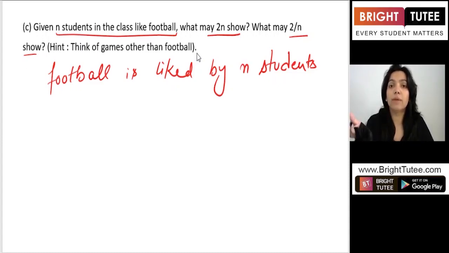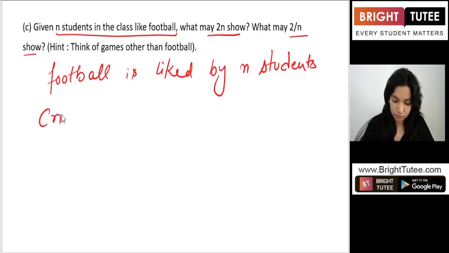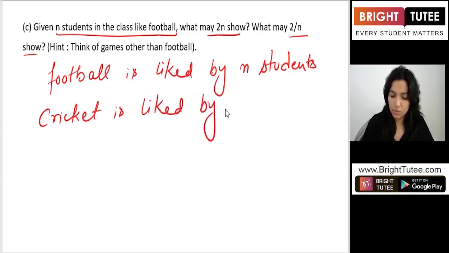It's double the number of students who like football. So let us say any other name of this particular sport. So let us say instead of football we can say cricket. So cricket is liked by 2n students. So we can say that cricket is liked by twice the number of students who like football. Okay, now what about 2 over n? Cricket is liked by how many students?